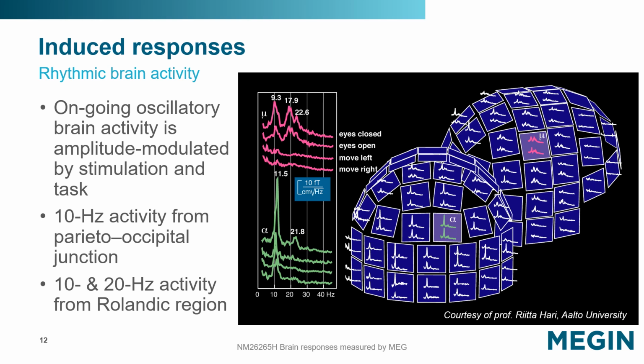Alpha is strongest in the posterior MEG sensors when the subject has eyes closed, while mu is strongest in the sensors over the sensorimotor cortex when the subject is totally relaxed and not doing any movements. Alpha rhythm is abolished by opening the eyes, and mu rhythm vanishes during hand movements.